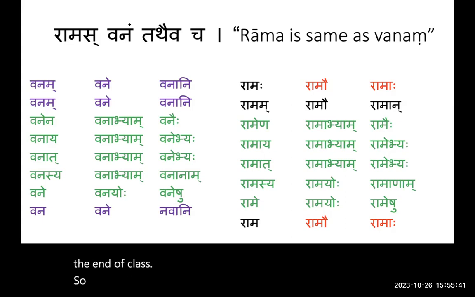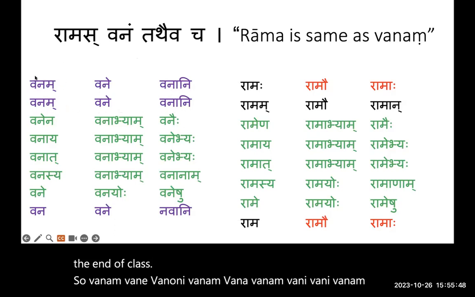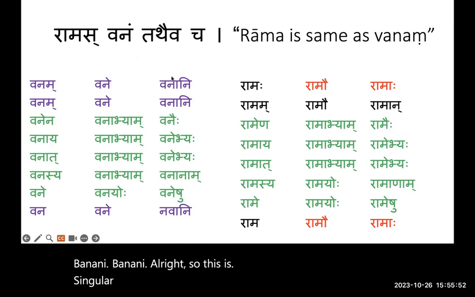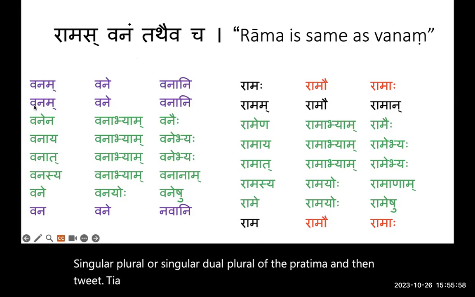So, vanam, vane, vanani. All right, so this is singular, dual, plural, and the prathama and the dvitiya vibhakti are exactly the same. Now, with Rama, we didn't have that.